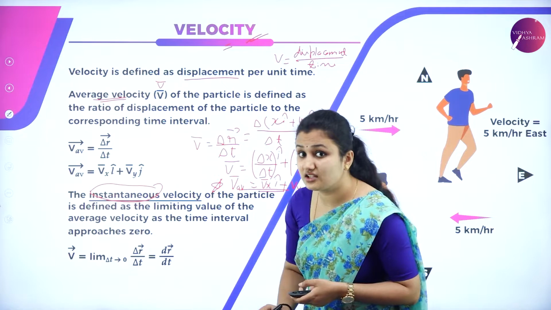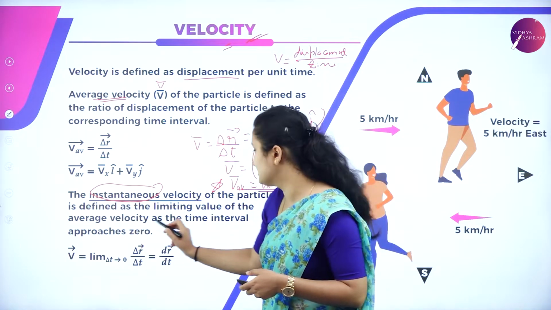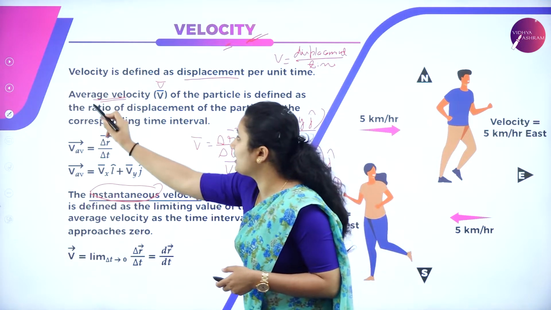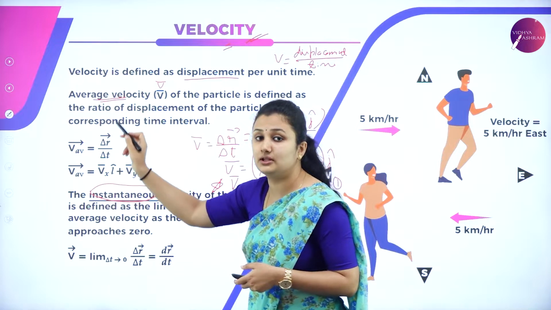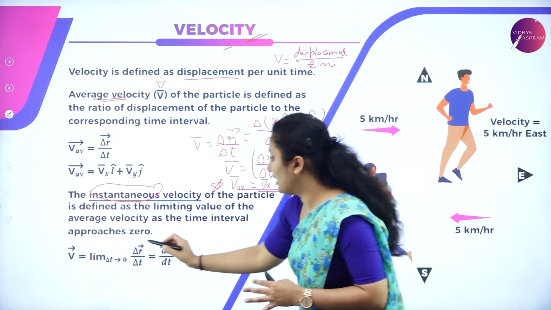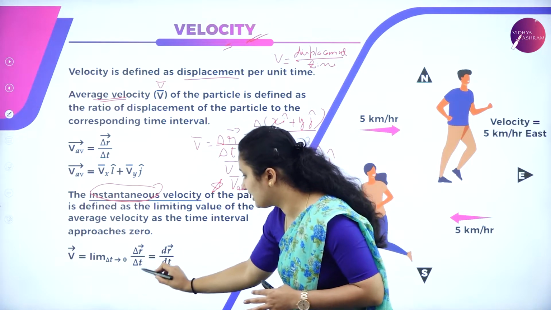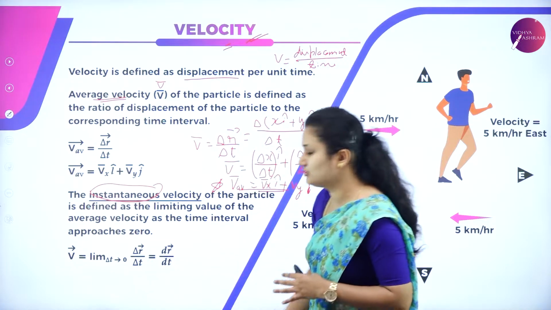What is instantaneous velocity? The velocity of the particle is defined as the limiting value of average velocity as time approaches 0. We have to take the limit of the average velocity as delta t tends to 0.